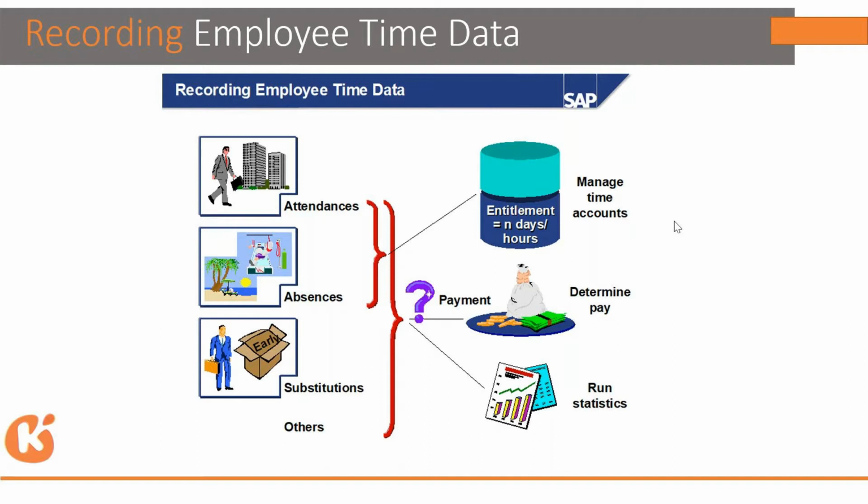Suddenly declared holidays will be recorded in infotype 2003. So altogether, clubbing this and calculating in the time evaluation, which is shown here as managing time accounts, the entire employee work time, overtime, or leaves taken, whatever it is, can be determined as pay to the payroll team.